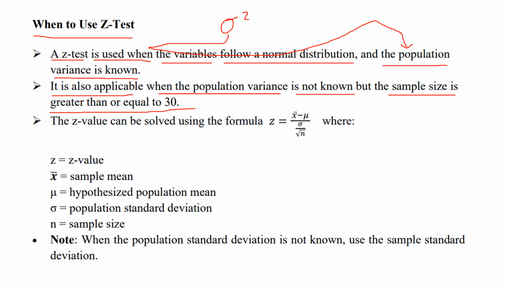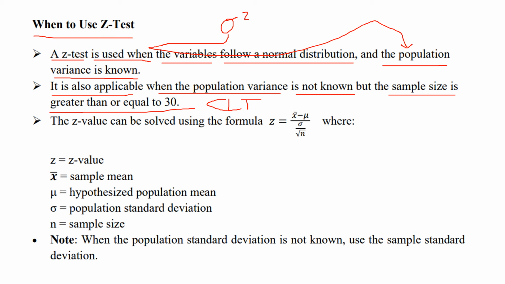We use the Z-test if your variable follows a normal distribution and the population variance is known. The second is that even if your population variance is unknown, but your sample size is greater than or equal to 30, then we can still apply the Z-test with the concept of the CLT, or the central limit theorem.